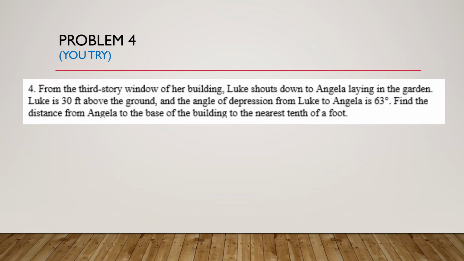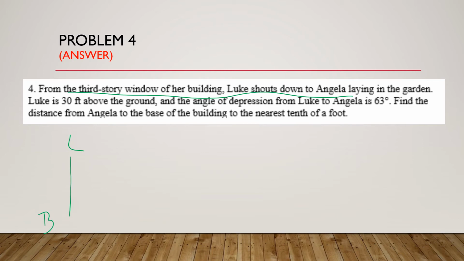So now we're going to look at number 4. If you haven't done it yet, go ahead, pause the video, come back when you're ready. So when we look at this, again, it's helpful if we draw a diagram to go with it. It says that Luke's up in a 3rd-story window. So here's Luke up in his 3rd-story window.